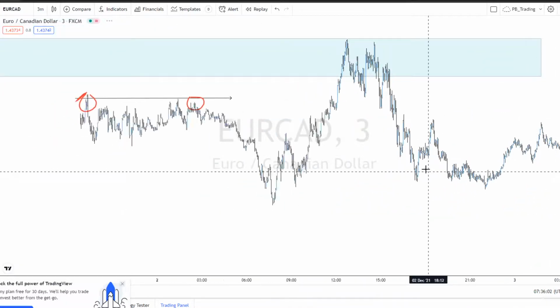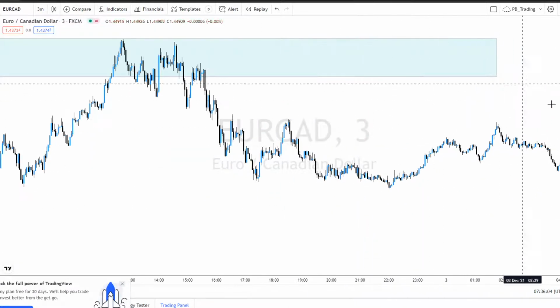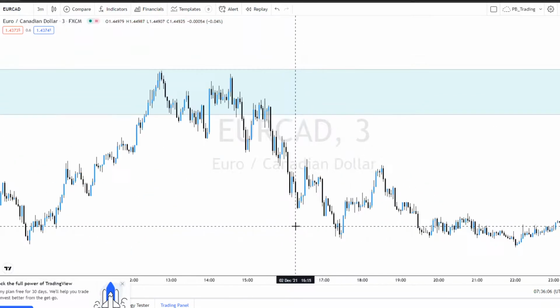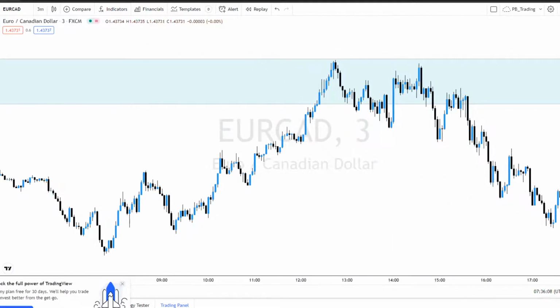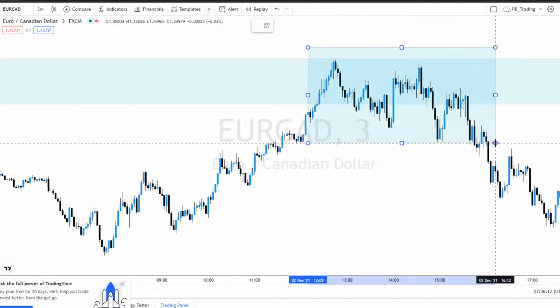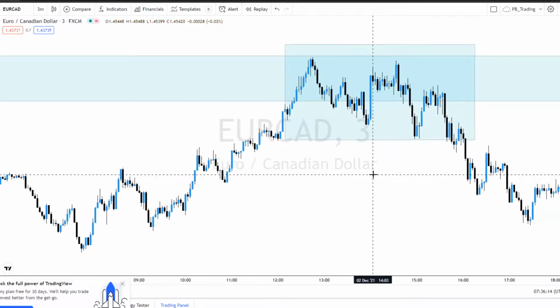Okay, good. So this is our zone we marked. This is the zone. Price moved into the zone.